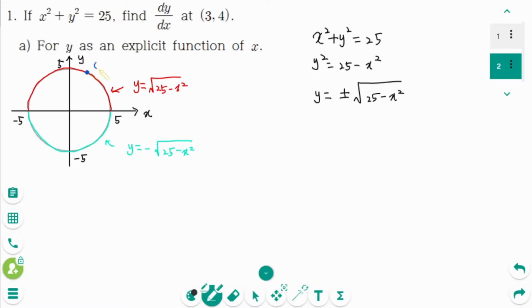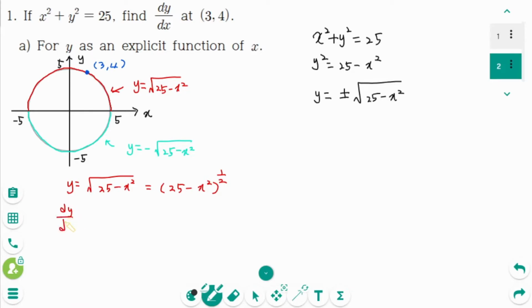Then (3, 4) is on the curve y equals the square root of 25 minus x squared. We can rewrite as (25 minus x squared) to the power of 1 over 2.